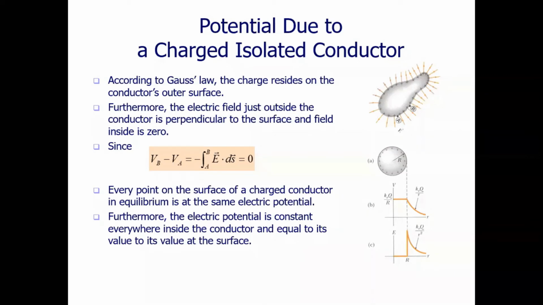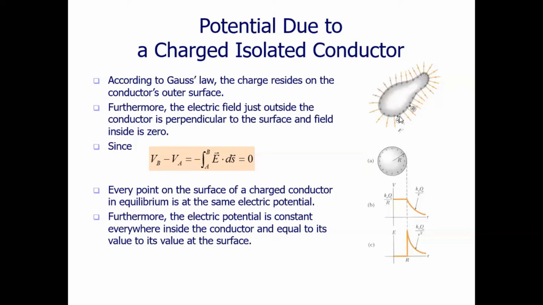So what does it mean? If the electric field will be perpendicular to the surface, then what can you say about the electric potential? You remember the electric potential is basically the work that is done in moving a charge from one point to another.